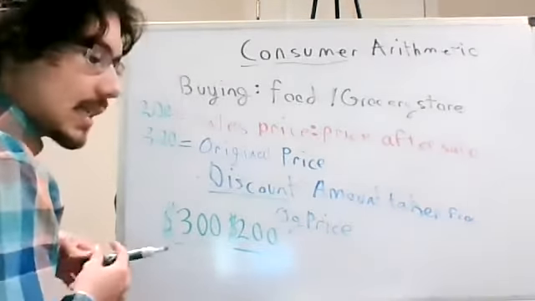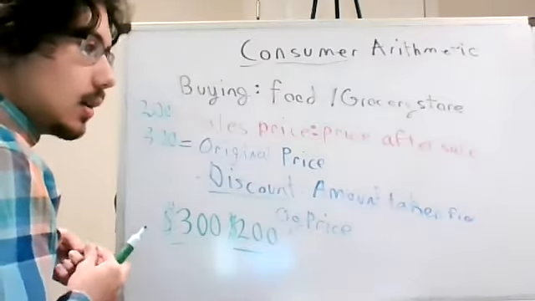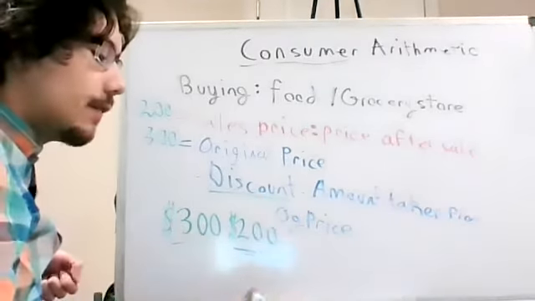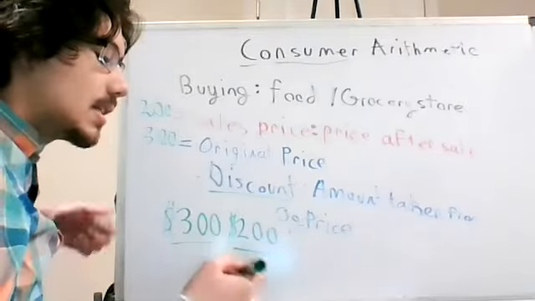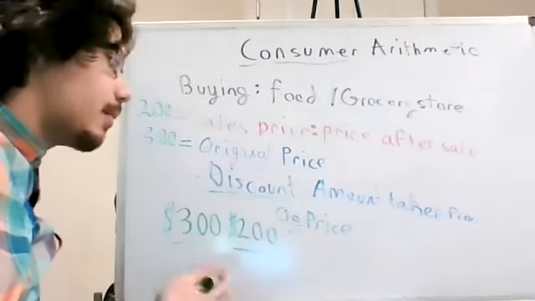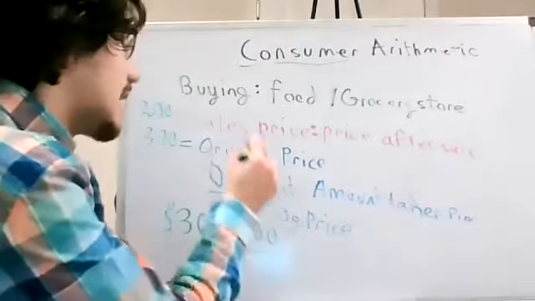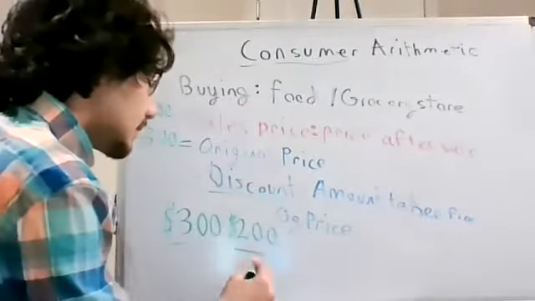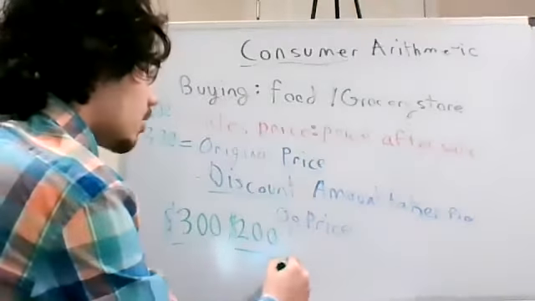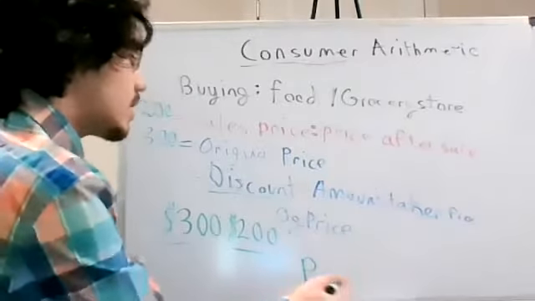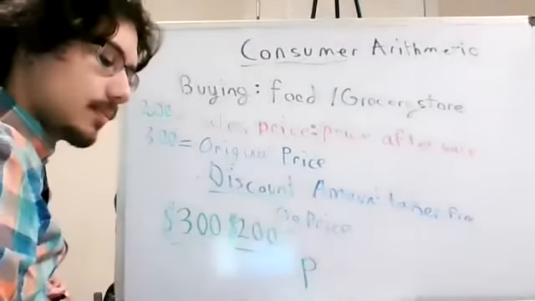Well, let's think about it for a second. I want to stick with the last example for a second. We originally had the original price and the discount. So let's say our original price was P. What did we do with our discount?